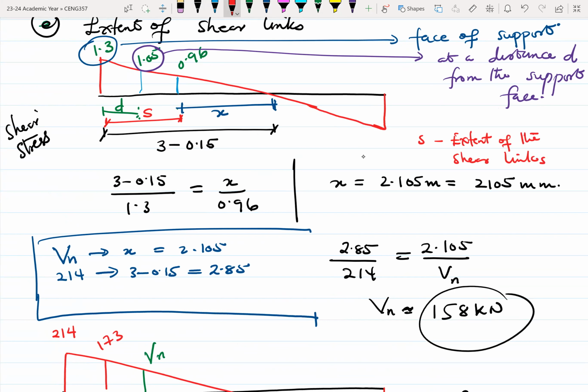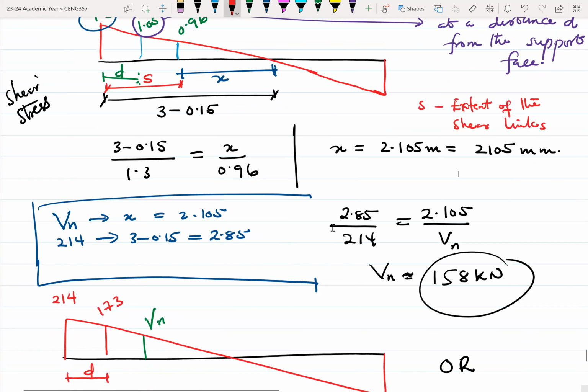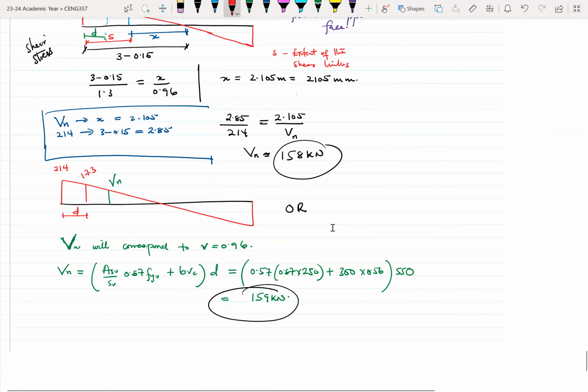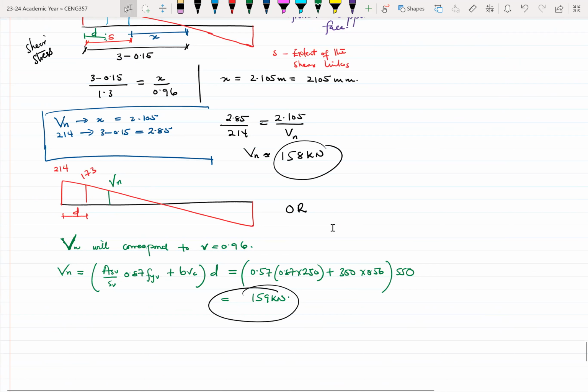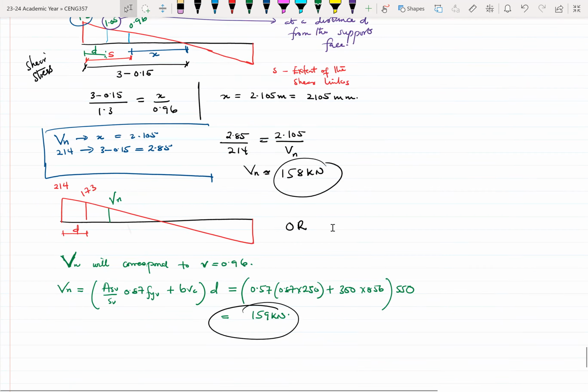So again, you can calculate for that using a number of ways. One of them would just be to use the values as you have them.